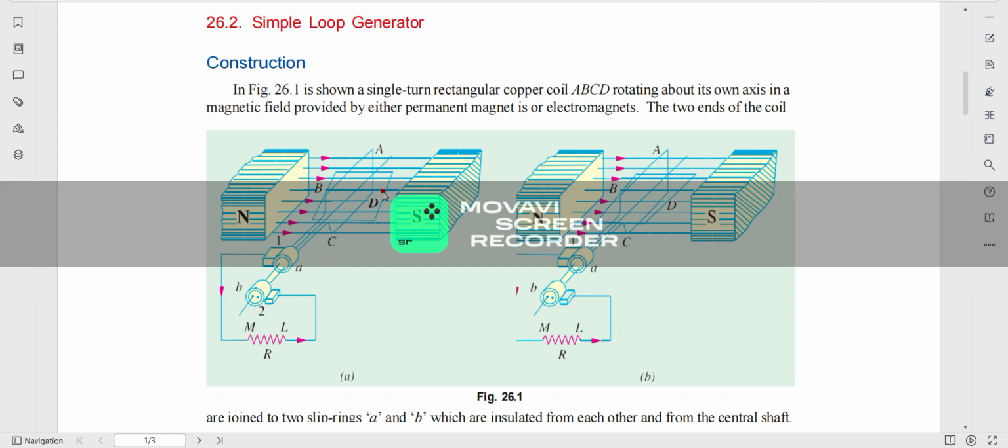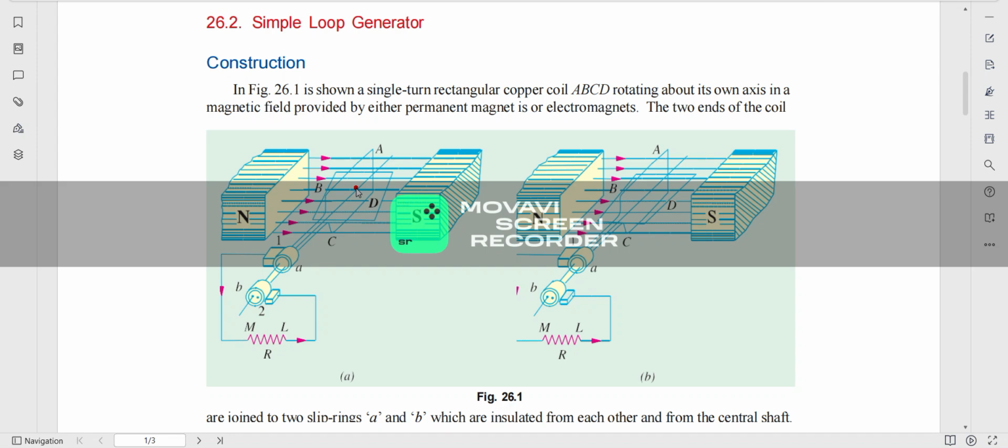Hence, the EMF induced in these coil sides also changes. As per Faraday's law, whenever there is a change in flux, an EMF is induced. Because the conductor is rotating, the magnetic flux will not be the same at all times, and since the flux changes with respect to time, the EMF also changes. This induced EMF acts in these conductors.